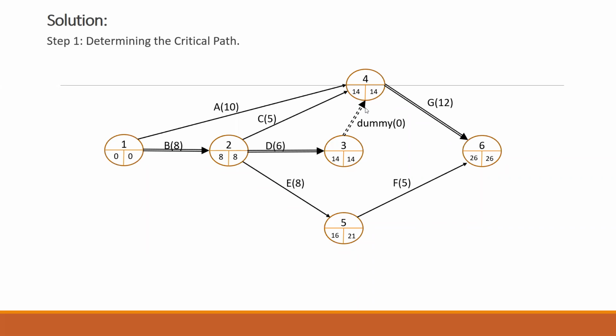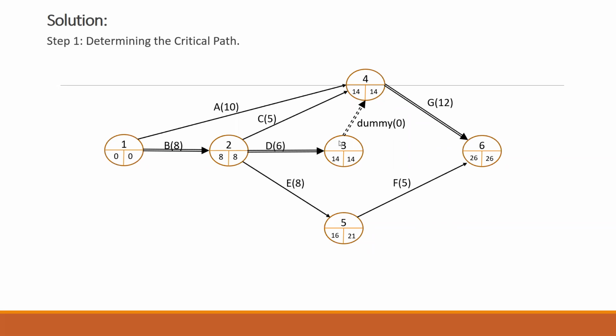So a dummy activity will be introduced when we have more than one activity coming out of the same node and merging in the same node. Please remember this. Secondly, if you look at G, the preceding activities for G are A, C, and D. That means D should merge in the same node here, so that we have activity G coming out of it.